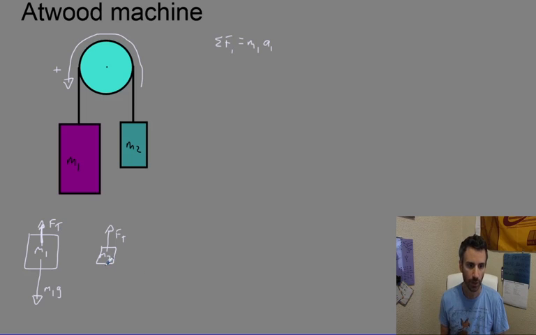And then I'm going to also have a force of gravity acting down. However, in this case, it is going to be M2G. And notice that I've tried to make this at least a little bit smaller than the force of tension, which should make sense because this object is going to be accelerating upwards, right? This one is going to accelerate up, and so this force of tension should be larger than the force of gravity acting down.